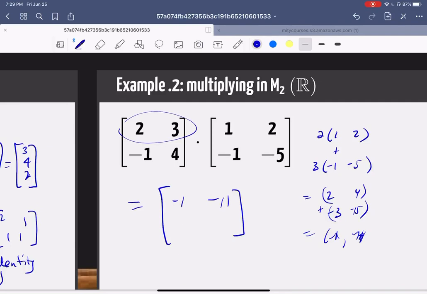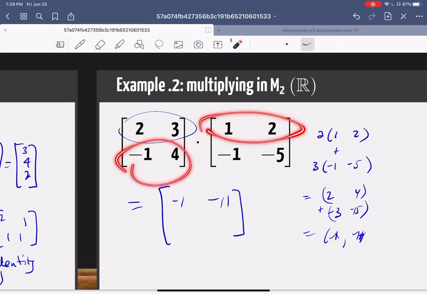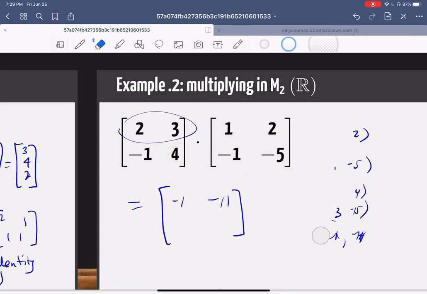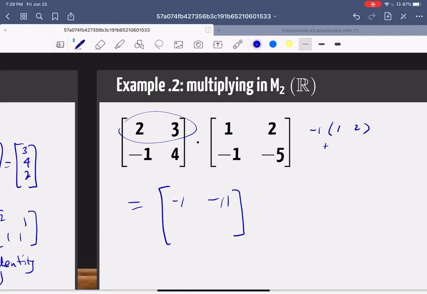Okay. The other thing too is, of course, if you wanted to do this, that's telling me that I want negative 1 of these rows and I want 4 of these ones. So the way you'd cook that up is, I want negative 1 of these ones plus I want 4 of these ones.